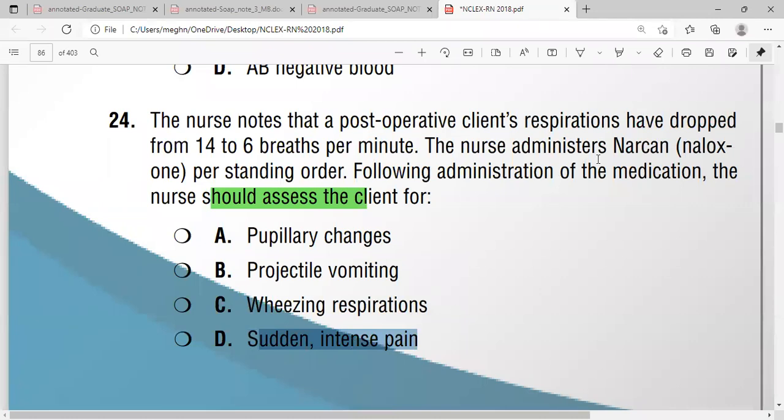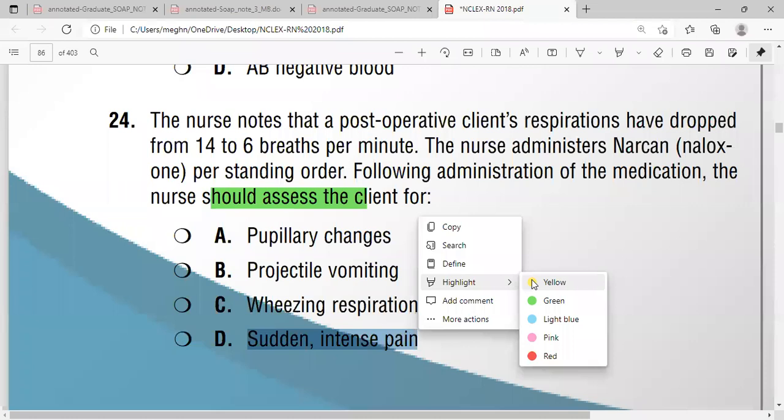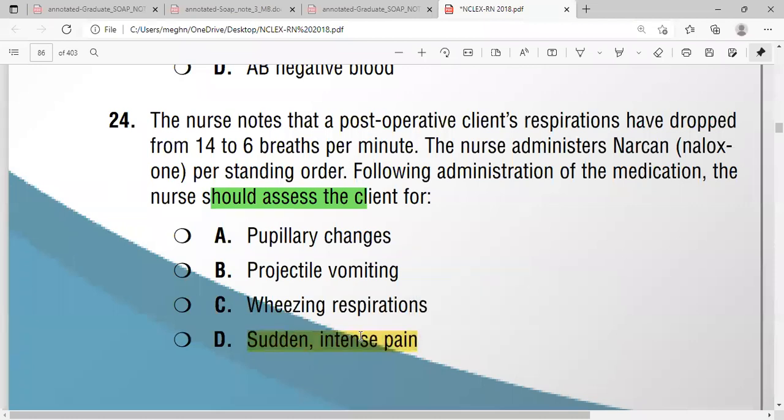Narcan is a narcotic antagonist that blocks the effect of the client's pain medication. Therefore, the client will experience sudden and intense pain. So we have to monitor.